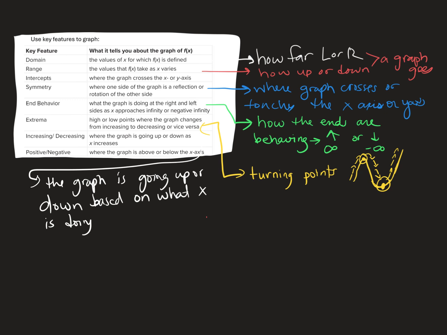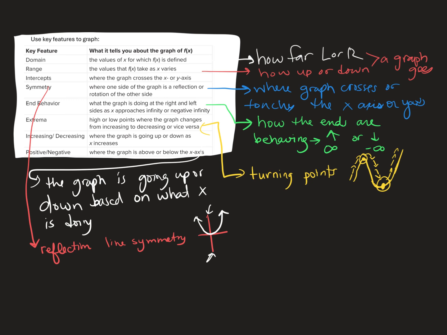So this one is about symmetry. Please write it down by symmetry. It says where the graph is a reflection or a rotation of the other side. So if it's a reflection, it's that line symmetry that we discussed. For example, a graph like this would have line symmetry because this line here, the y-axis, cuts it in half.